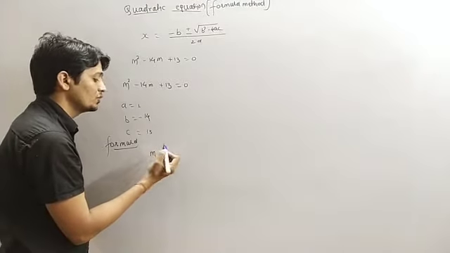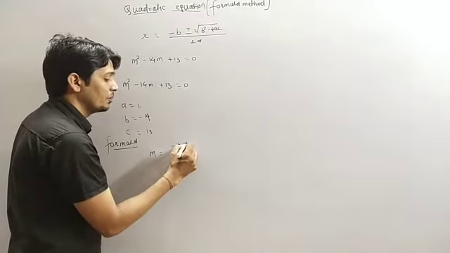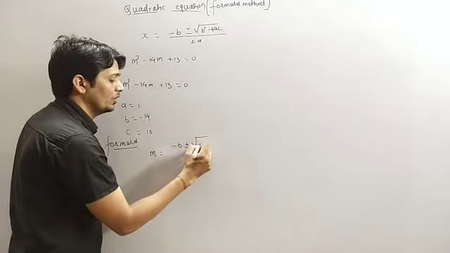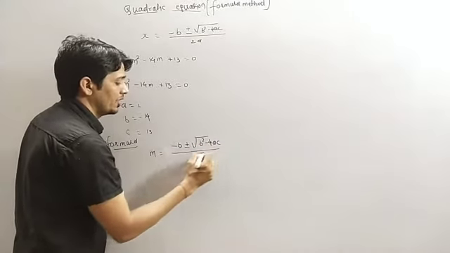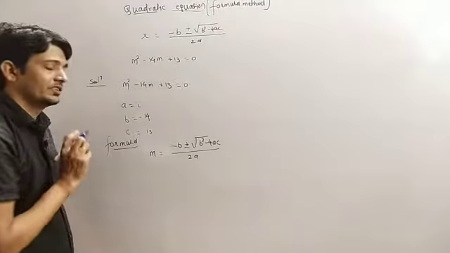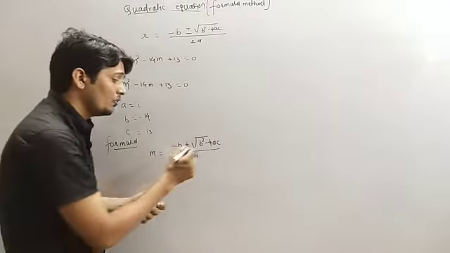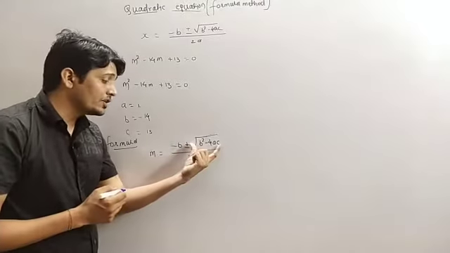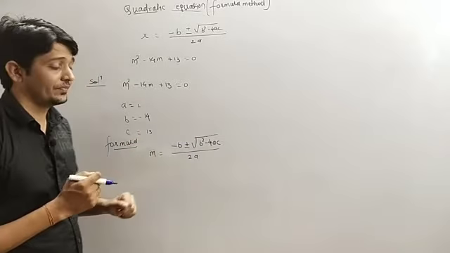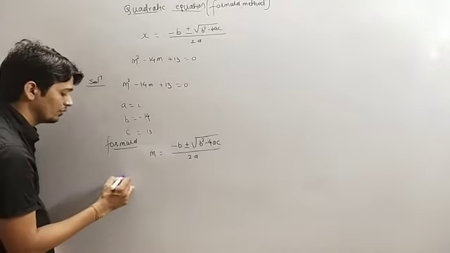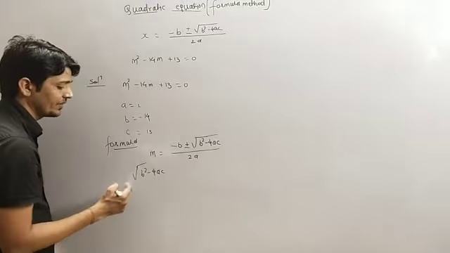So m equals minus b plus minus root b square minus 4ac divided by 2a. This is the formula. So what will we do? We will derive the value of b square minus 4ac first, so then we can solve easily.